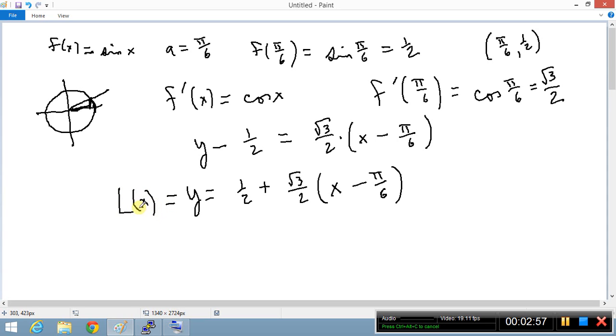Now if you look carefully at this, you see nothing more than a line over on this side, because this is x to the first power. It's going to have a coefficient of square root of 3 over 2, and then all the rest of that stuff is constants. So it is a line.